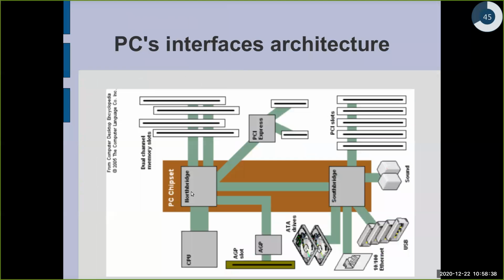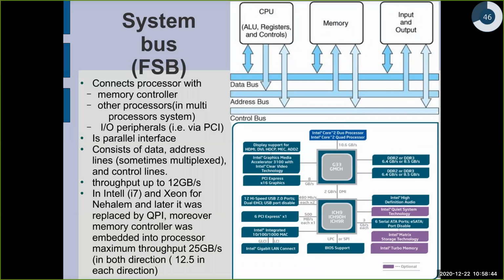So this bus was shared among other devices. But let's try to look at the FSB. It was used to connect the processor with memory and other input-output devices. This interface was a parallel interface.